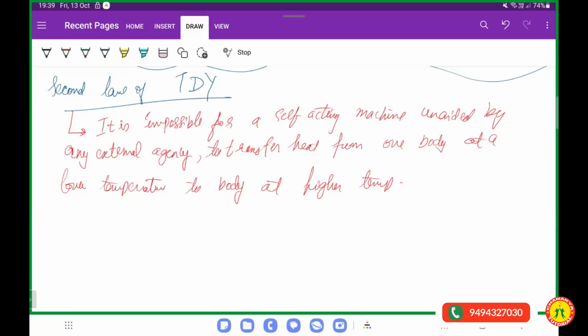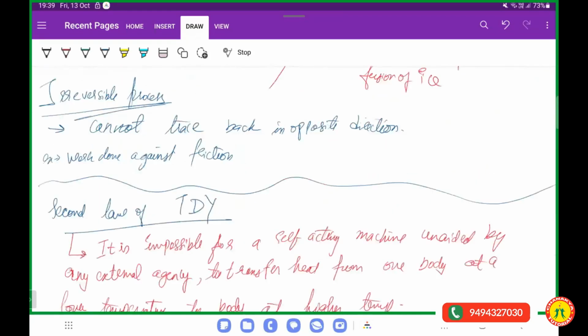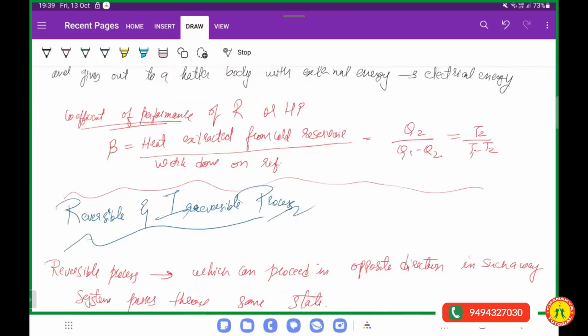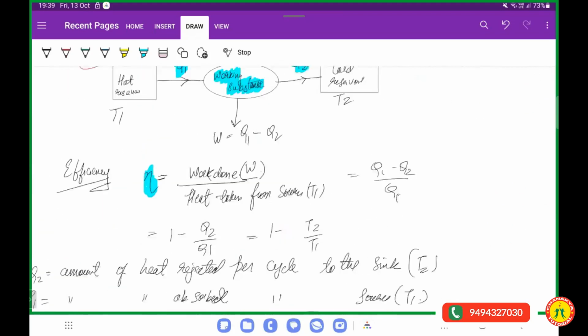But to transfer heat from lower to higher temperature, without any external support it cannot be done. That is obvious. So we require some external support, as we saw in the pump.